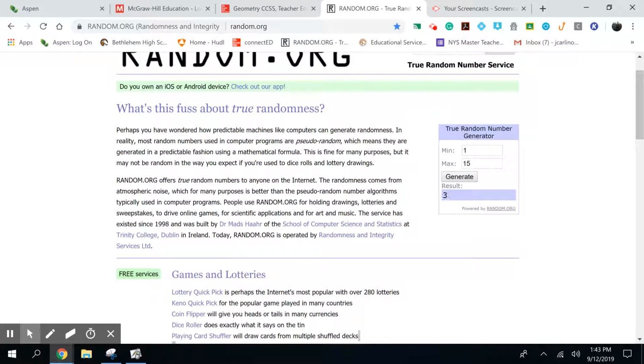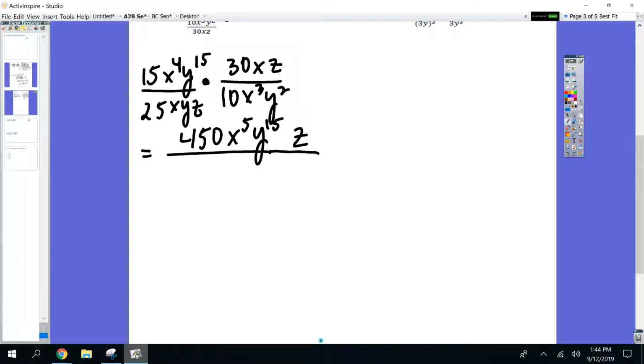3. Yep. x. Thank you. Okay, use your calculators. Reduce that fraction, 450 over 250.